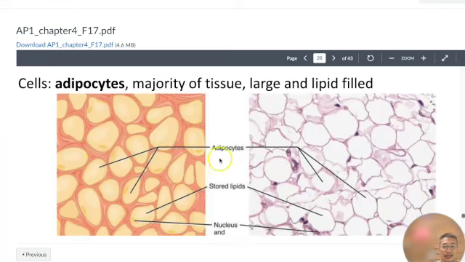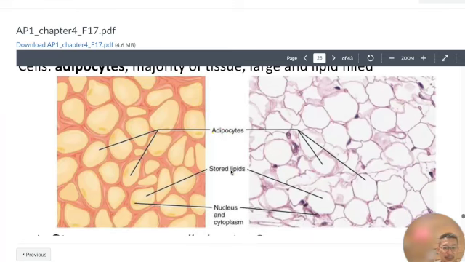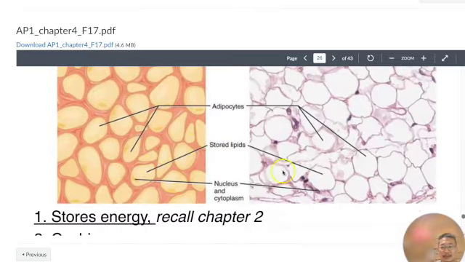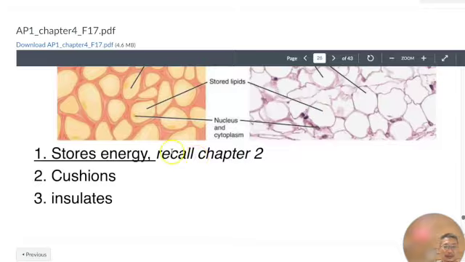The cells of the adipose, when we look at the slide, you can see that it looks kind of see-through, like nothing's in there. It stores lipid, which is fat tissue. Remember, fat tissues store energy, help with cushioning, and insulate.